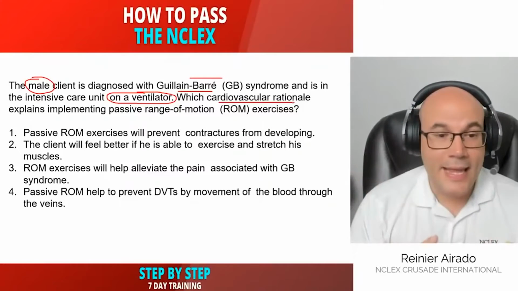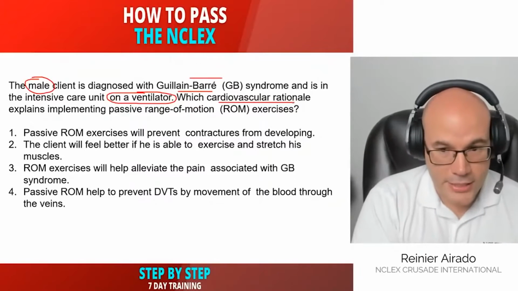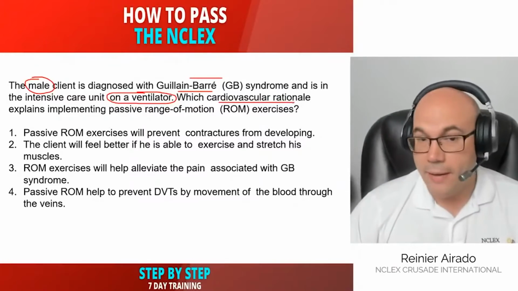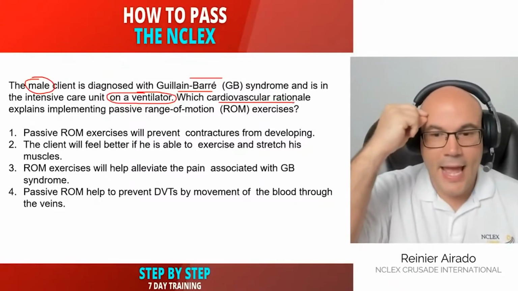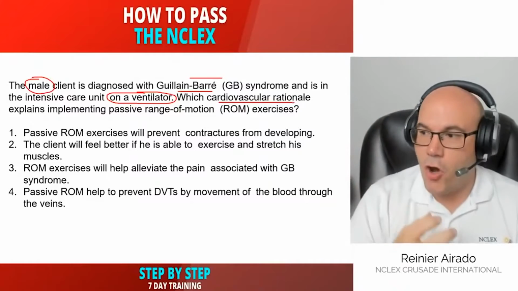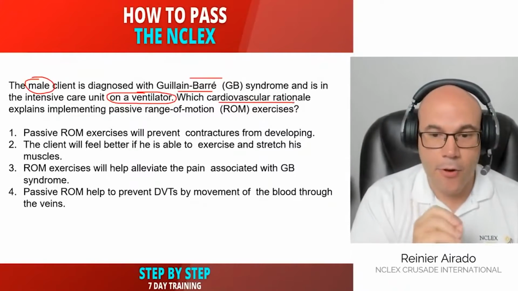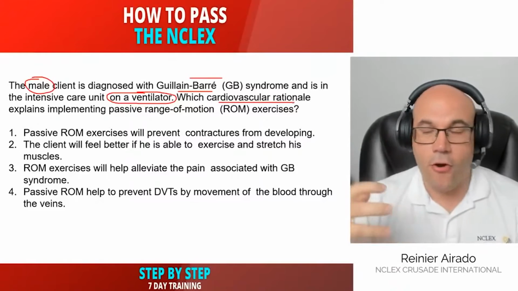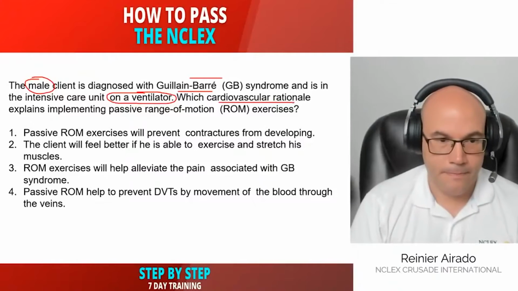If you're looking at the answer and it's not related to the cardiovascular system, it's the wrong answer. The mistake that students make in this question is that they automatically go and think about passive range of motion exercise. And yes, that is an important factor of the question, but the answer that we're looking for, the rationale, has to do with the cardiovascular system.